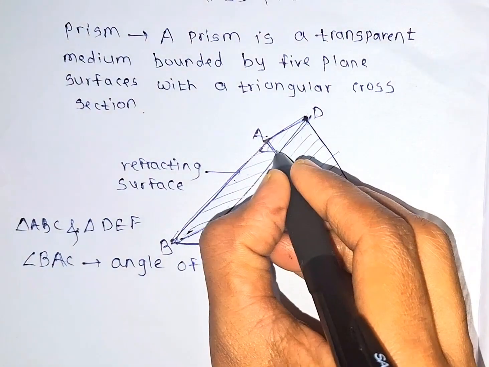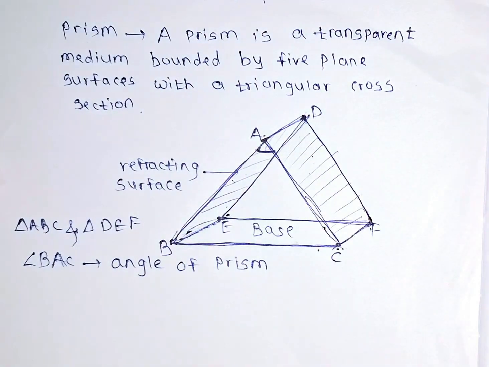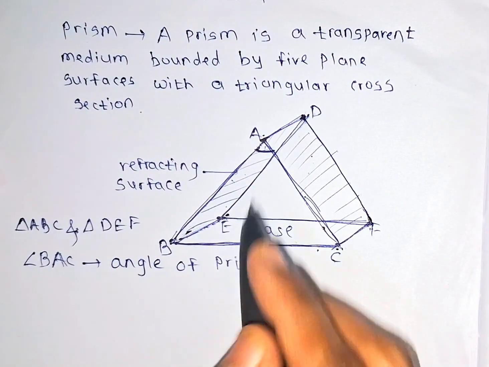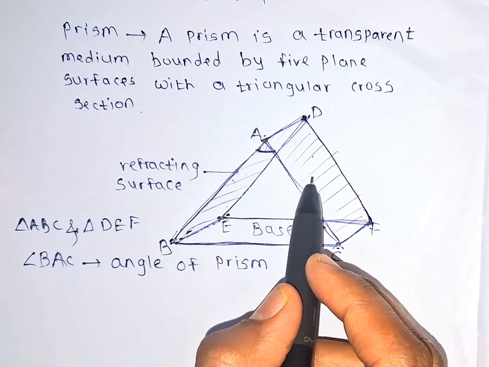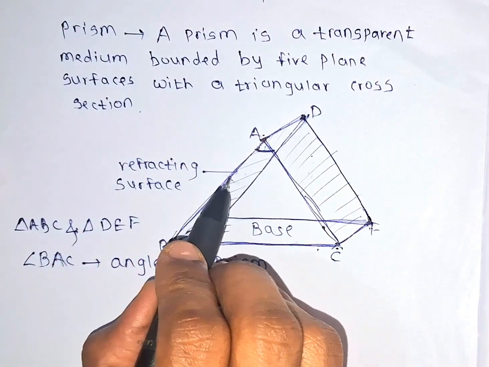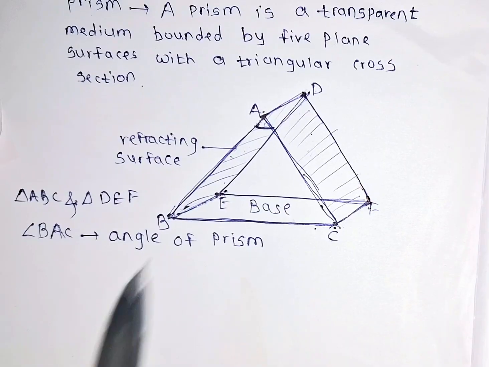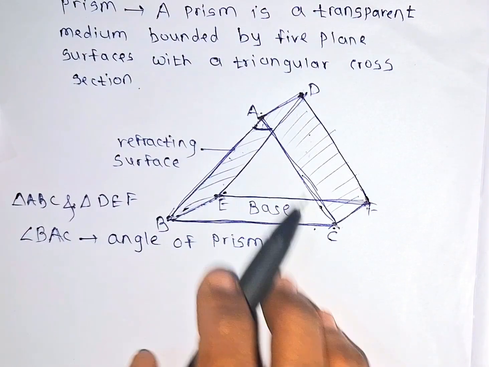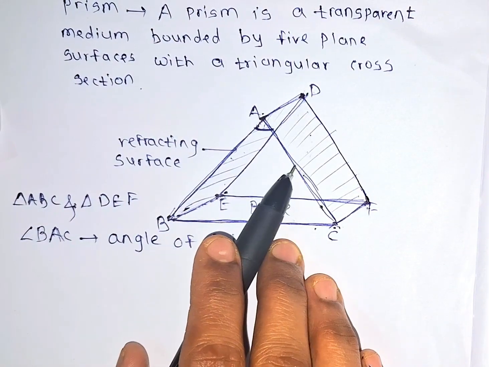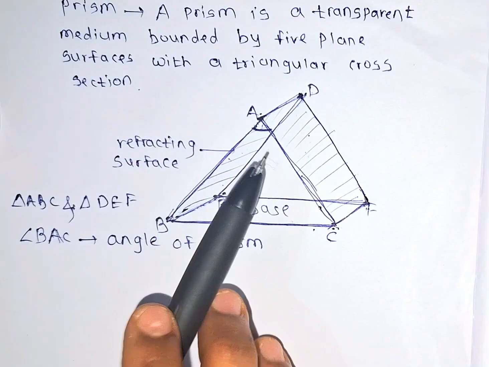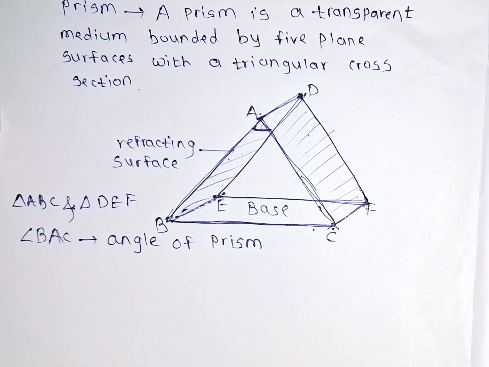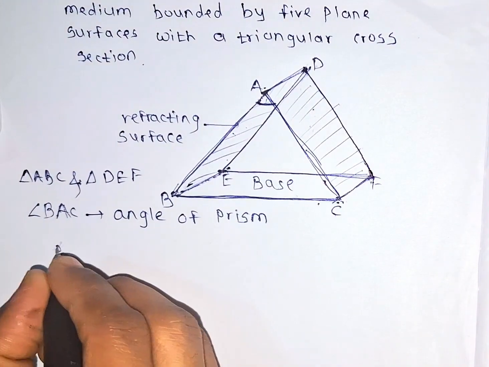Okay, this A is the angle. These two surfaces are polished, so light gets refracted. Now this is the normal prism we have seen. We give names to understand it. Now let's see how refraction happens through this prism.